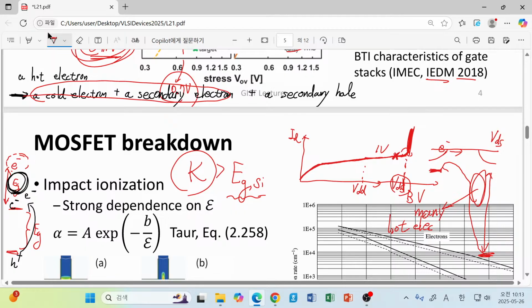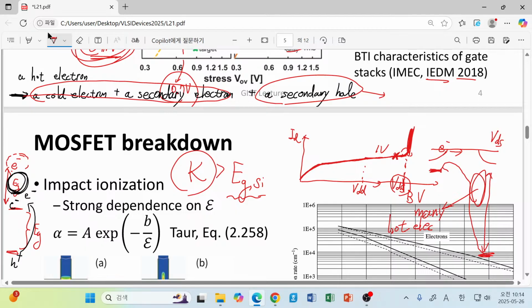So maybe you can ask me this question. Actually, you must ask me this question. What is the destiny of this secondary hole? When a secondary hole is generated, the source or drain, highly n-type regions, are not attractive for this secondary hole. It should be consumed by the p-type substrate. So it just goes to the p-type substrate. In the case of a planar MOSFET, this is a simple way.